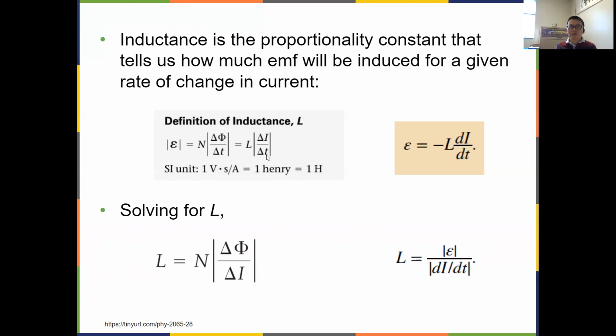Delta t and delta t will cancel, and delta I comes down here, so N times delta phi over delta I. Okay, so this is one way to solve for L. You can also solve for L using just this one and this one. So L equals the absolute value of epsilon induced over dI over dt. And if we are talking about the mathematical equation without the absolute value signs, then induced EMF is minus L dI over dt, because the change of current causes that induced EMF, but it's in the opposite direction according to Lenz's law.